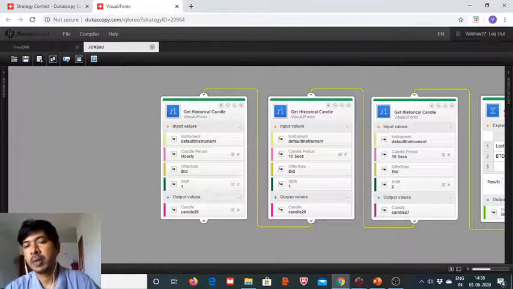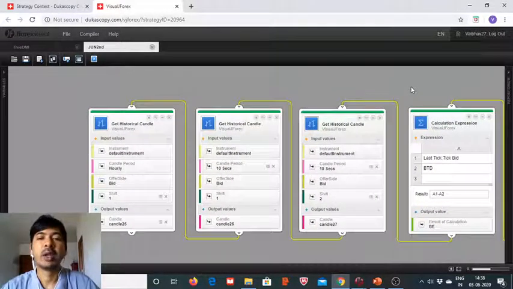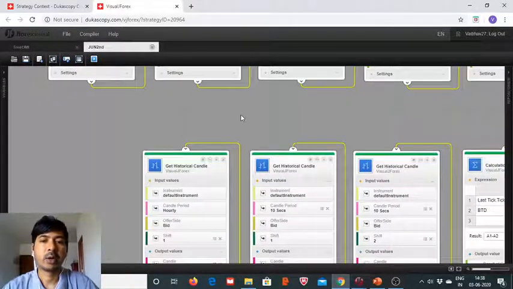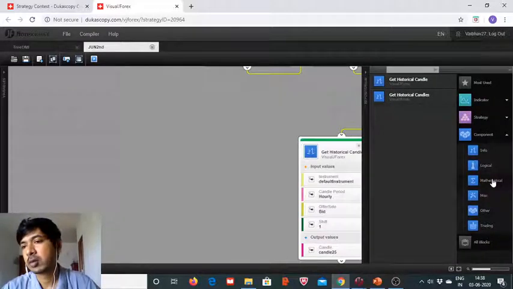So this will help us in pinpointing the exact entry point where the system will place the order. And since this is going to be a pending open, we will further need the calculation expression.